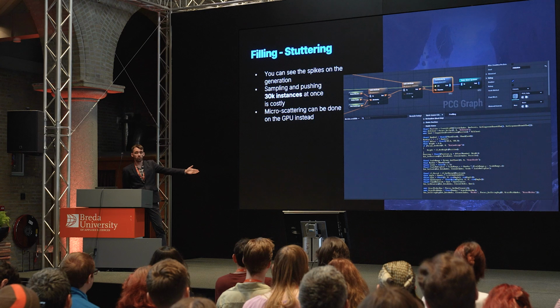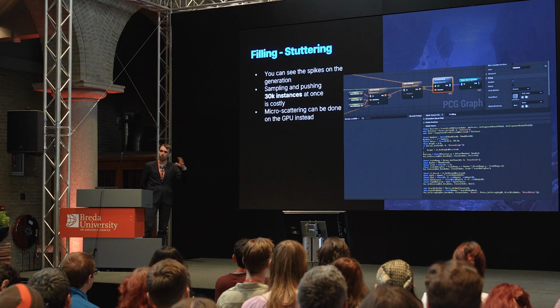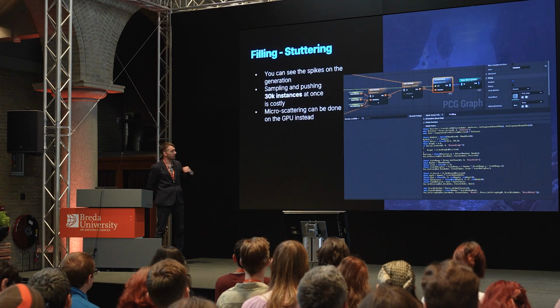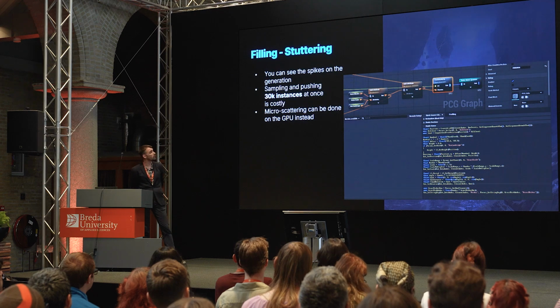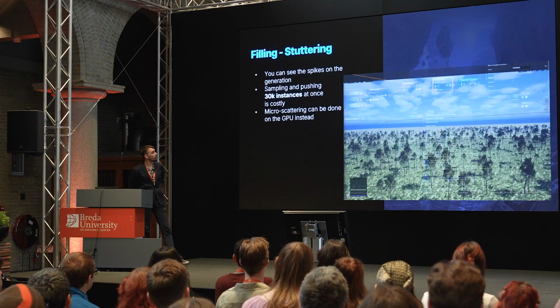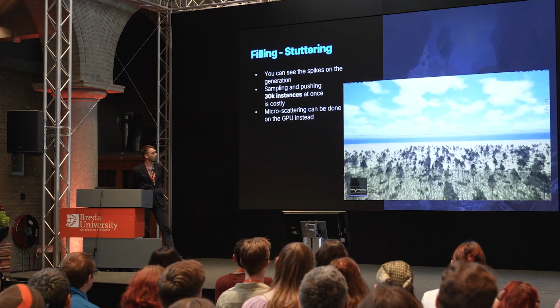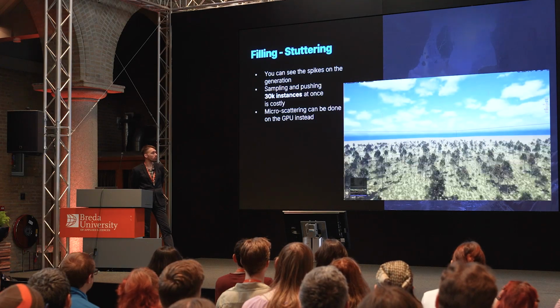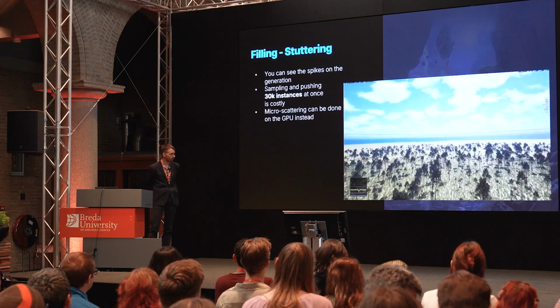The HLSL node is just the compression of the graph I showed before: creating a grid, doing some random transformation, and then assigning the mesh you're going to use. And this is what we have in the end, no more hitching. It's much fuller, even flying faster, and it's still very stable.